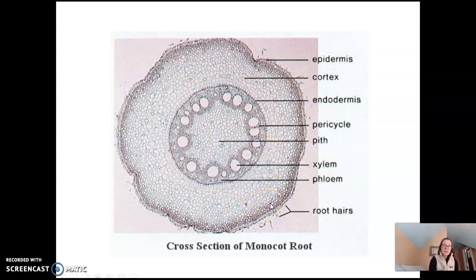You probably already looked at this picture while I was talking, and you noticed that we have some similarities and some differences. Here we have the cross-section with the epidermis on the outside, the cortex, endodermis, pericycle just inside that, and then we have not a cross, but a monocot has a ring, like mono has O's in it, a ring of xylem.